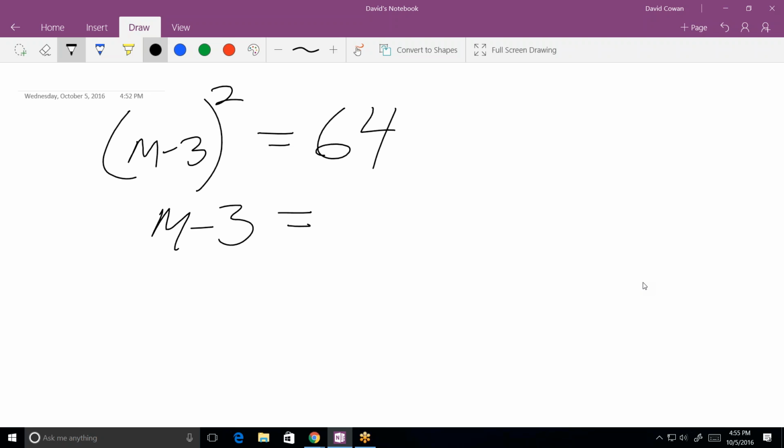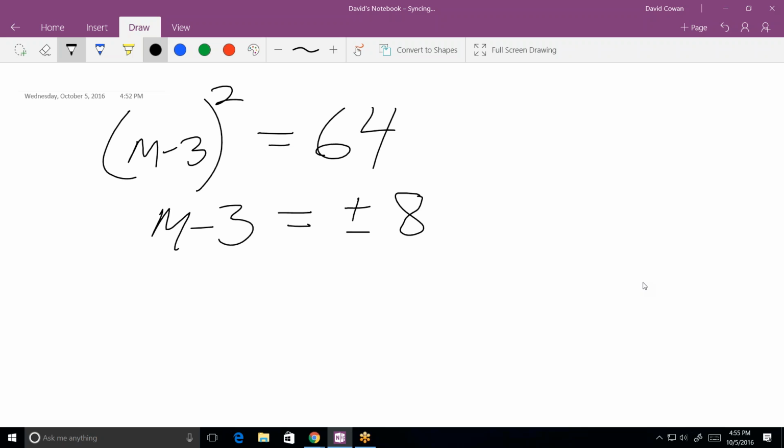What's the square root of 64? Oh, 8. Plus or minus 8. Right. Remember, whenever you solve an equation by taking the square root of both sides, begin your answer with plus or minus.